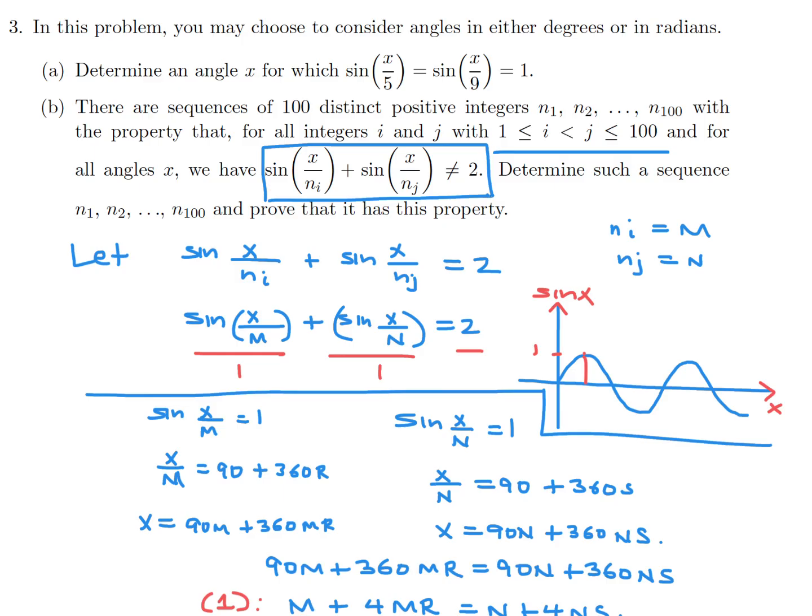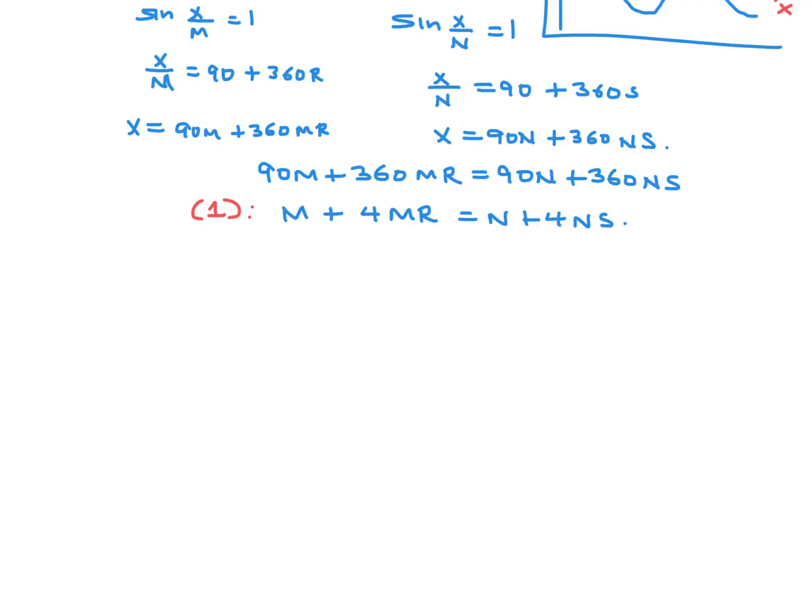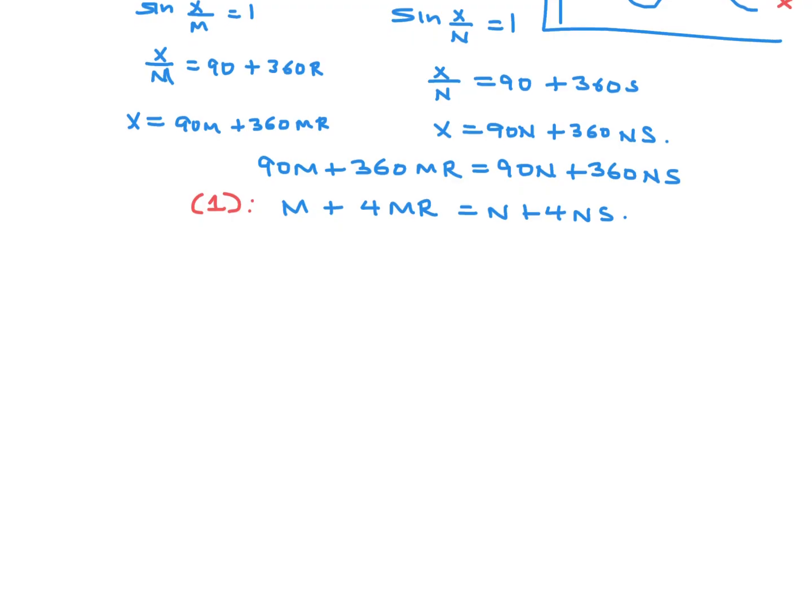So what that makes me think is that this word is very, very important: distinct. We have distinct numbers here. So I've got to make sure that this can hold true even if the numbers are distinct. So let's work with that.